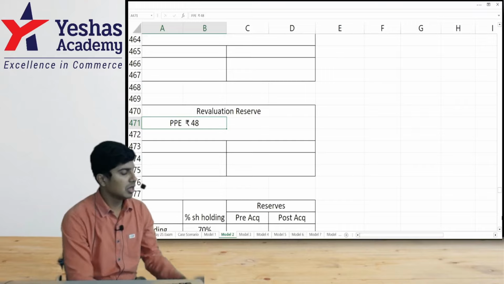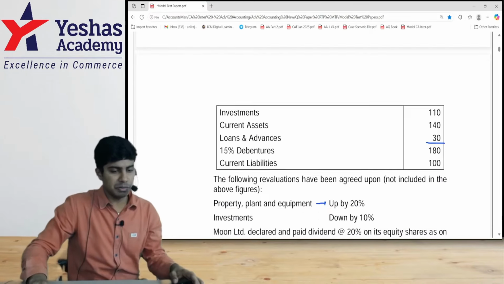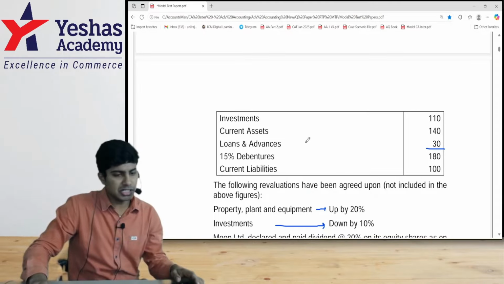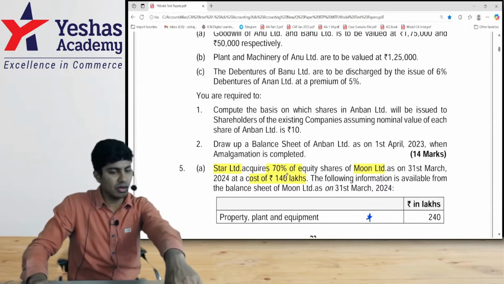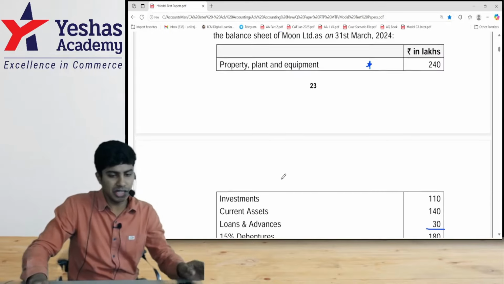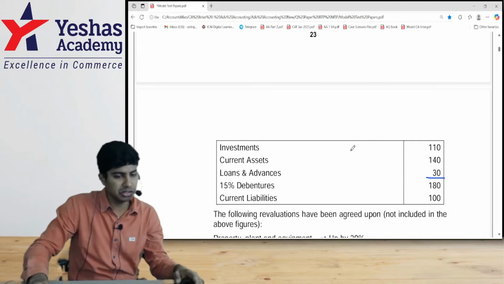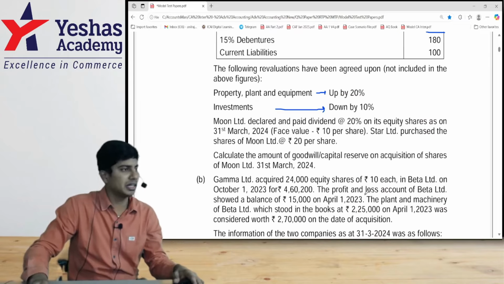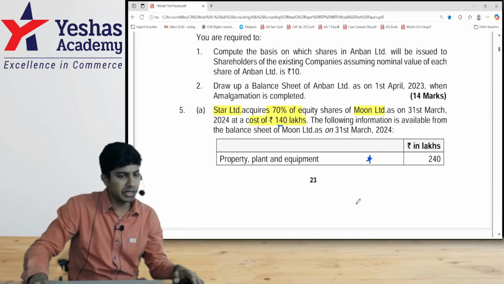Then they've given another piece of information which talks about investments. Investments have to be downward revalued by 10%. This is not the investments which is here, not this 140 lakhs. They've given some other investments here, 110 lakhs. Do you agree with me? This investment of 110 is now revalued down by 10%. Sir, is this investment included in this?